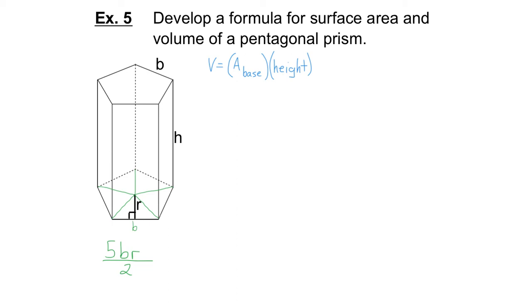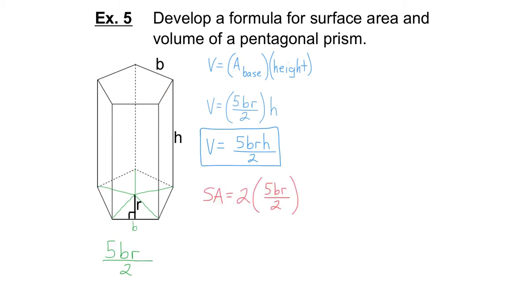So now I can take that and put it in here for the area of the base multiplied by the height. So I end up with a formula for the volume of a pentagonal prism of 5BRH over 2. And now surface area. Well, it's the total of all the areas of each face. I already know the area of the pentagon, 5BR over 2, and I have 2 of them.